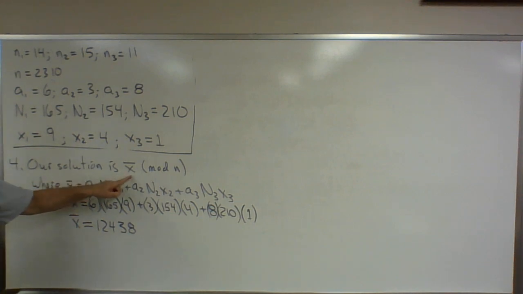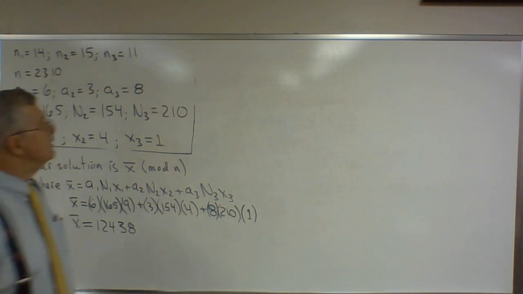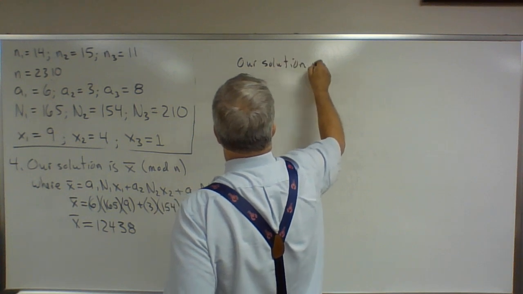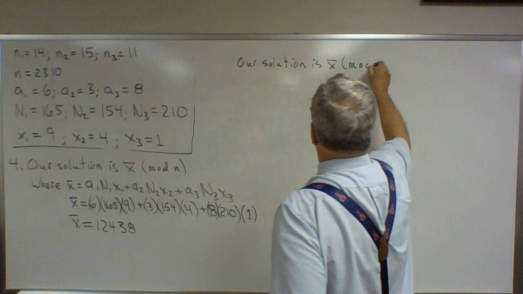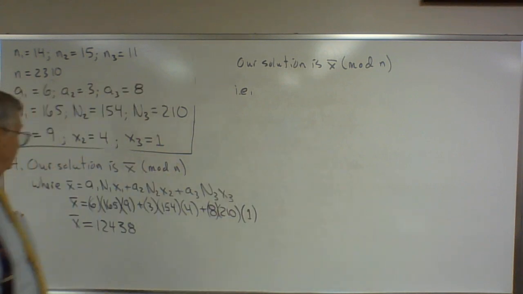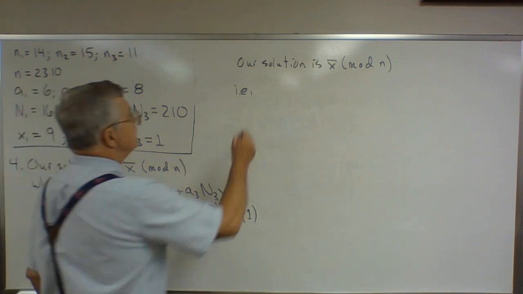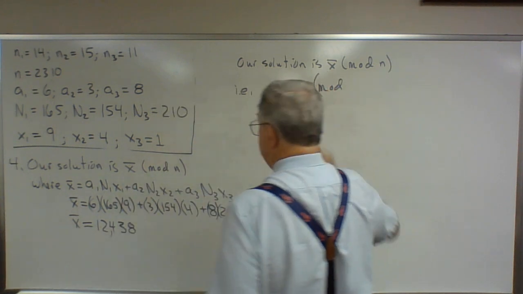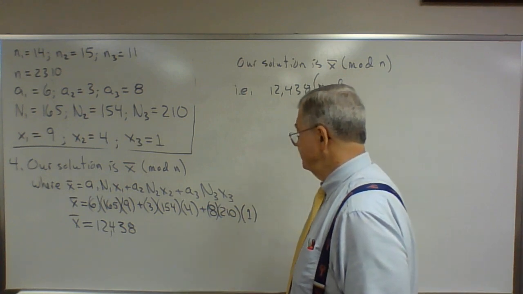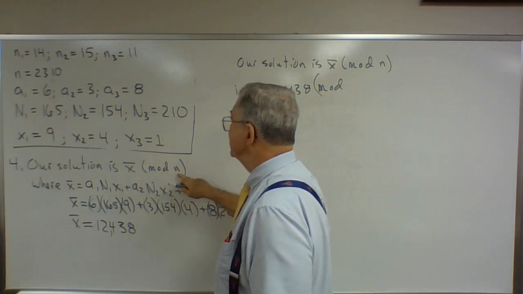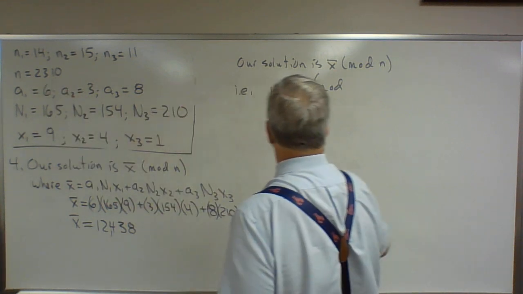Our solution is x bar mod n. X bar, 12,438, mod n, and n was 2310.